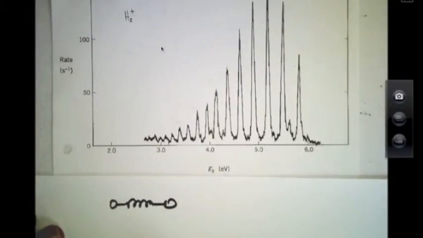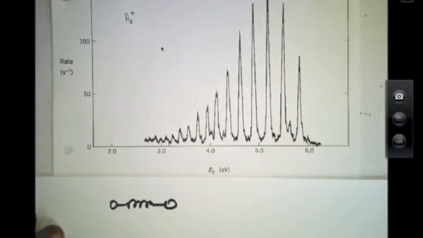And in fact, H2, two hydrogen atoms or two protons which share an electron, they vibrate back and forth. And in this system, it's constantly vibrating back and forth. Even in its ground state, it's vibrating back and forth.